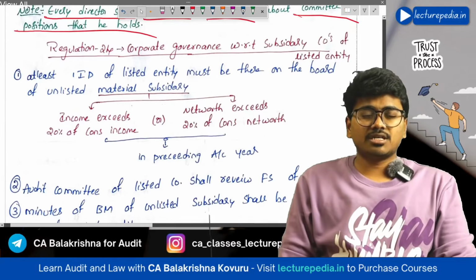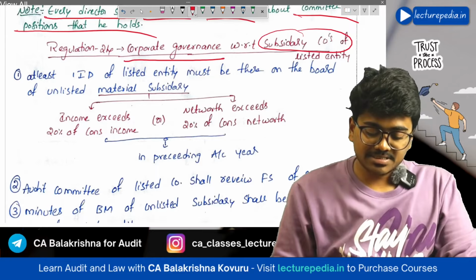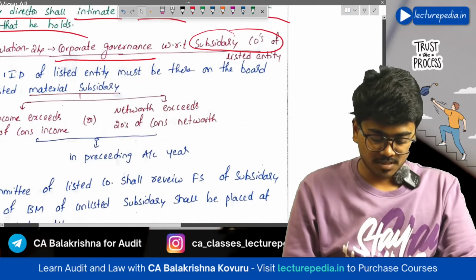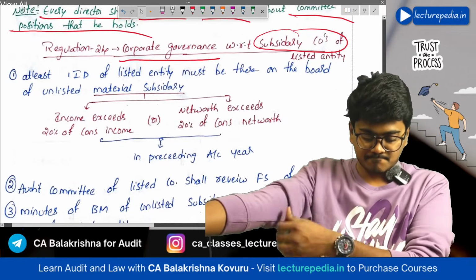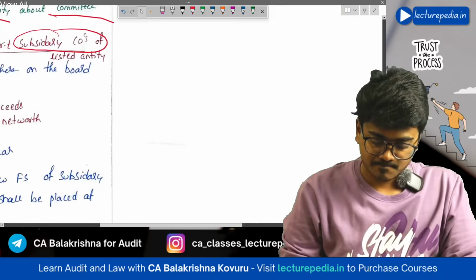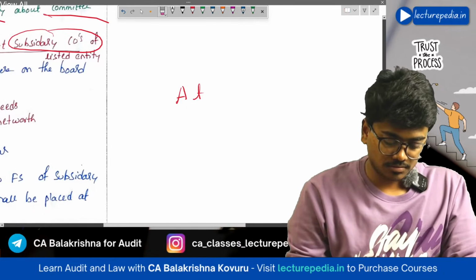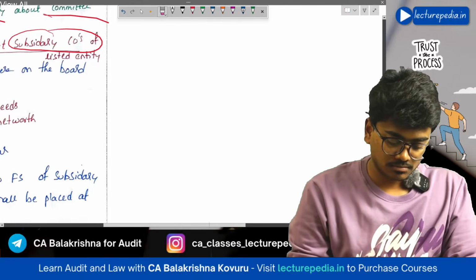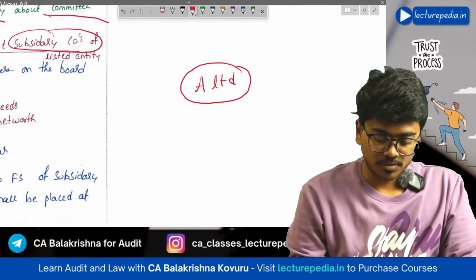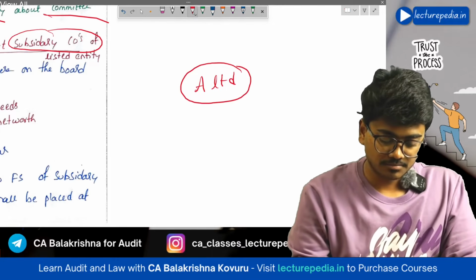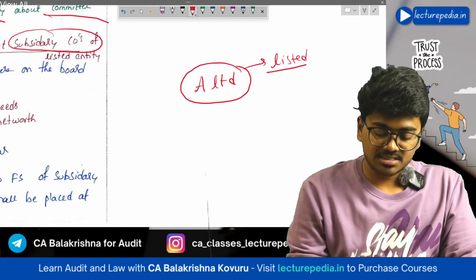Next, regulation number 24, which is about corporate governance with respect to subsidiary companies of listed entities. Now, there is A Limited. A Limited is a listed entity.